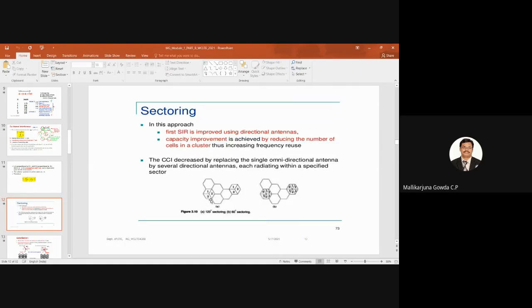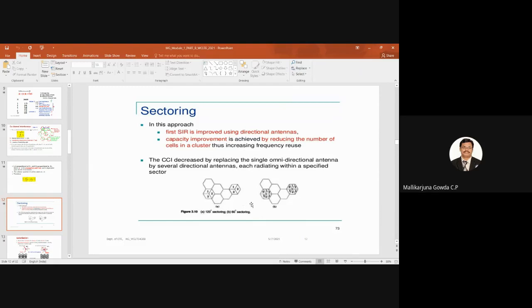I can use directional antennas at the center of this point, which will cover each sector, meaning 3 antennas directed at each sector, right? With that, I will be able to improve the system capacity as well as the signal to interference ratio. Instead of using an omnidirectional antenna, by using directional antennas, I will be able to improve the system capacity. So this is one way of doing it, sectoring.